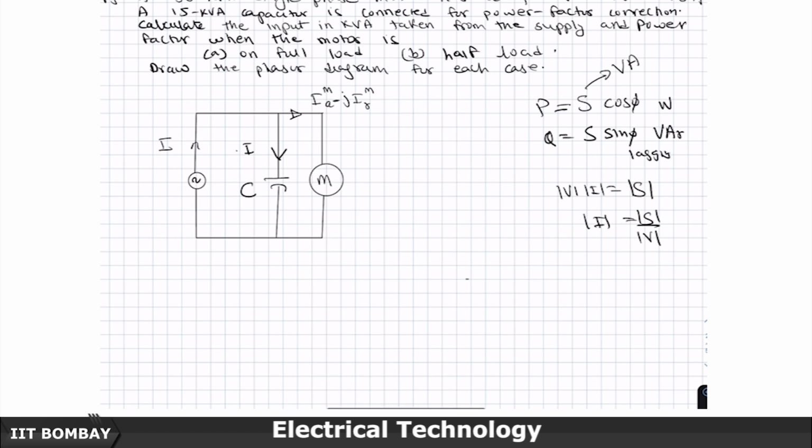So, a phasor diagram would look like this. This would be the V, this would be the motor current, this is the phase angle phi, this is the IMA, and this is the IMR. This is negative value sitting here.